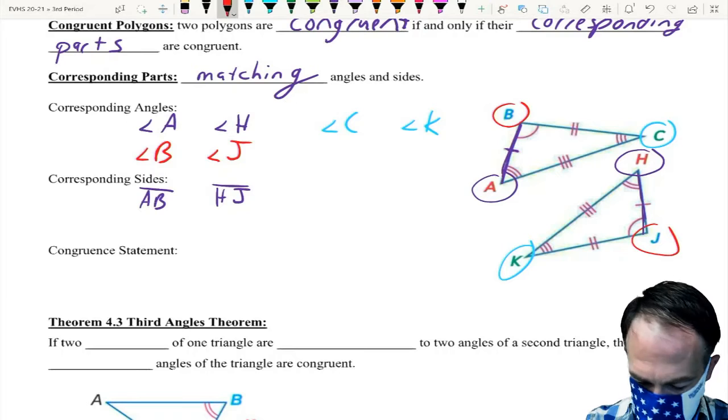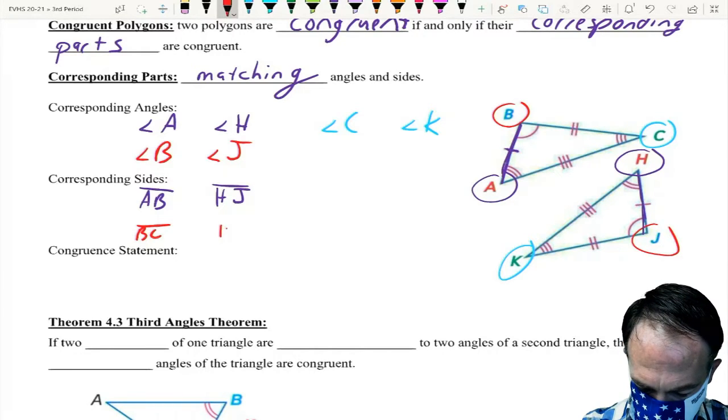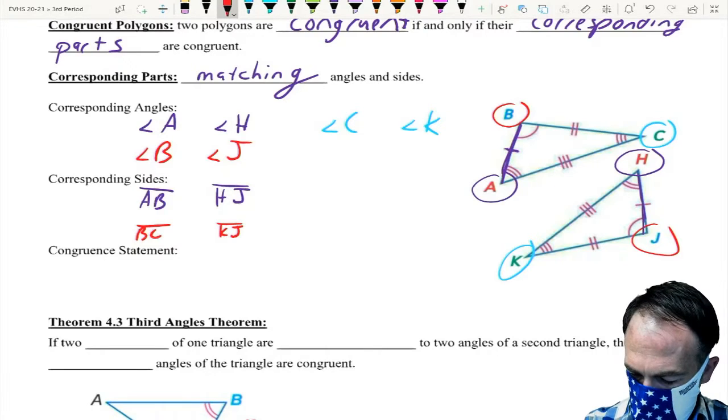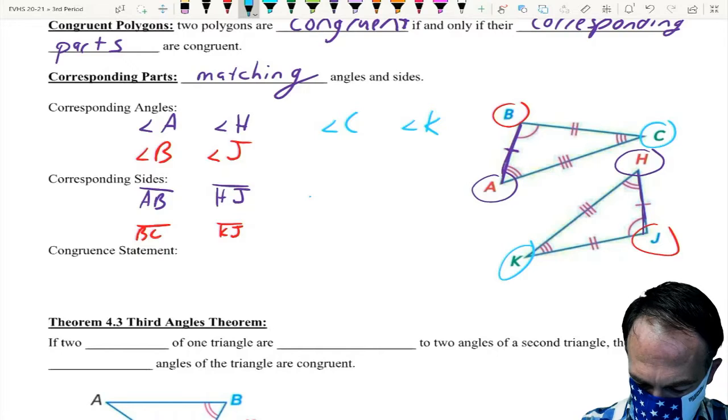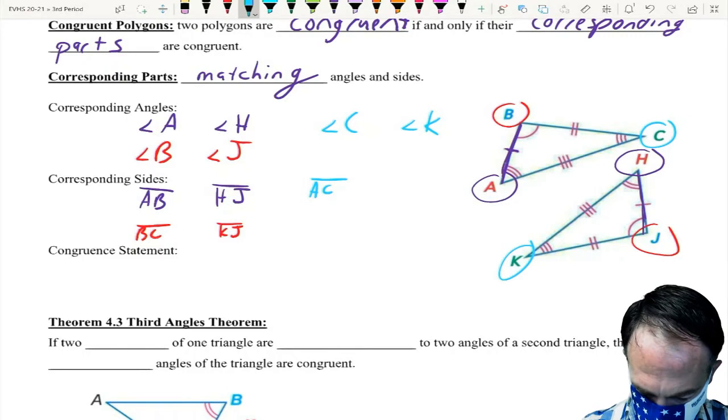Then our 2 mark sides are BC and KJ. And then our 3 mark sides are going to be AC and HK.